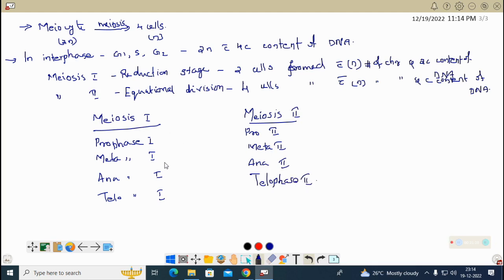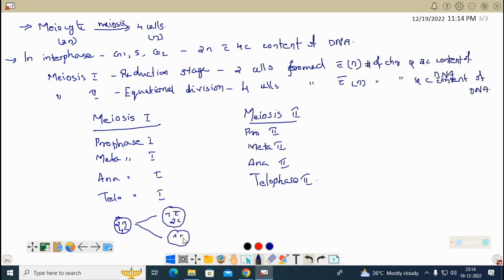So in meiosis 1, the one cell which has 2n number of chromosomes with 4C content of DNA will become 2 cells that will have n number of chromosomes with 2C content of DNA.